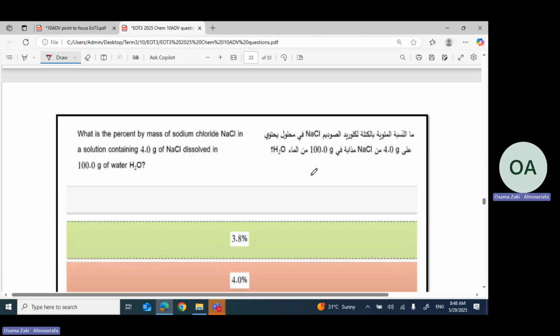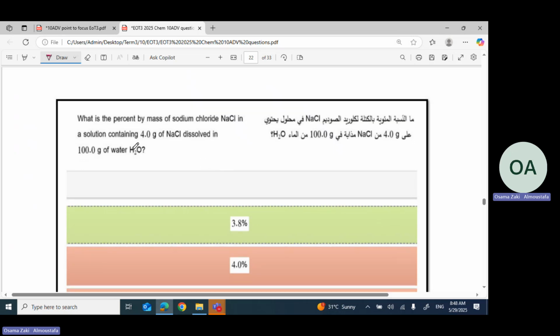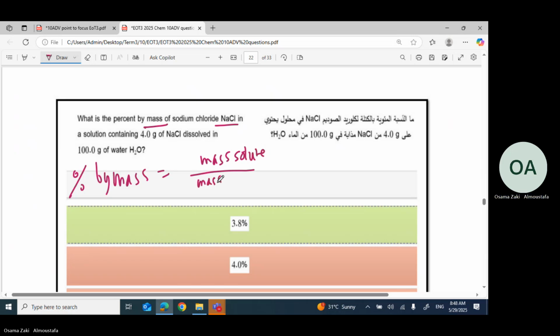So let's see, what's the percent by mass of this? Percent by mass equals mass of solute over mass of solution times 100. They said NaCl.